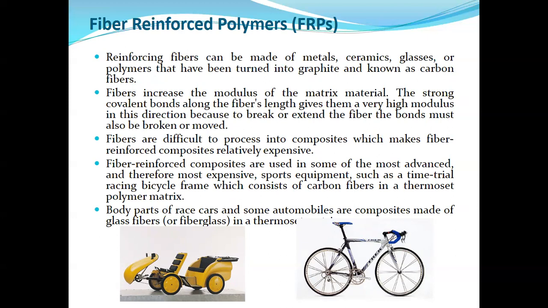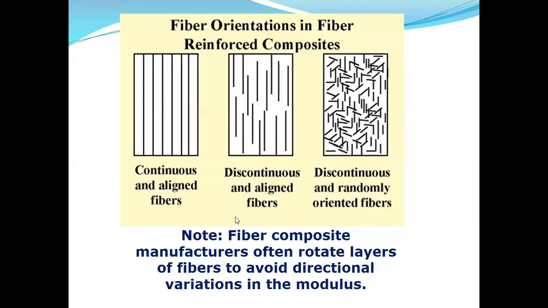Fibers are difficult to process into composite, which makes fiber reinforced composite relatively expensive. An example of fiber reinforced polymer is race car and automobile parts, which are made from these fiber reinforced polymers. In different fiber composite manufacture, they often rotate the layers of fiber to avoid directional variation in the modulus.